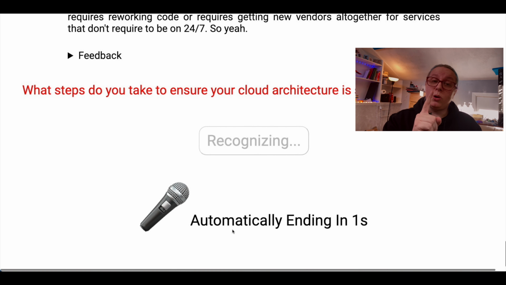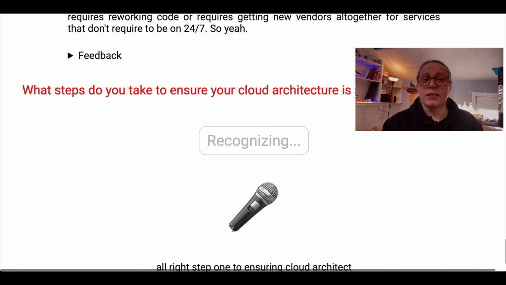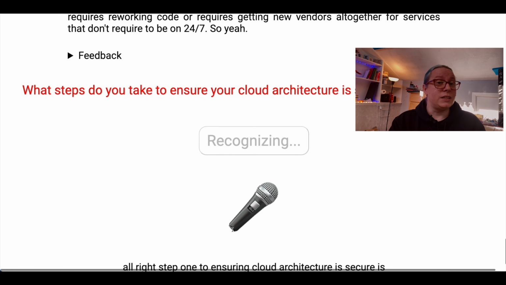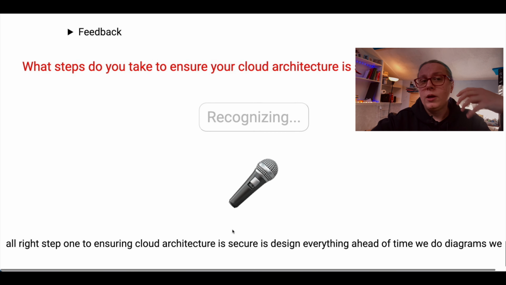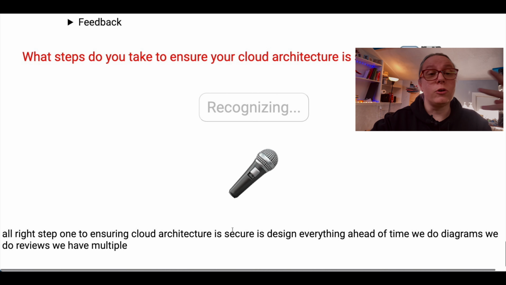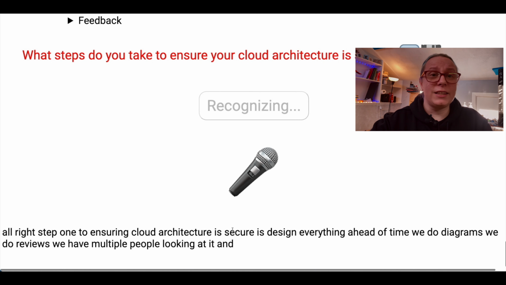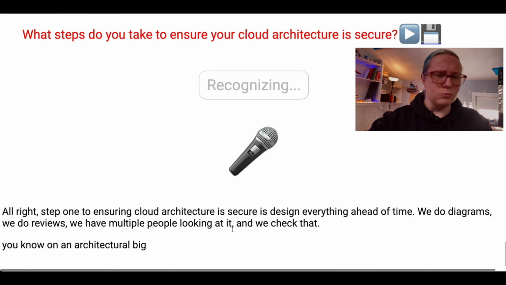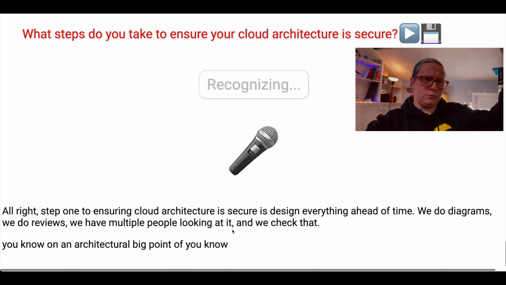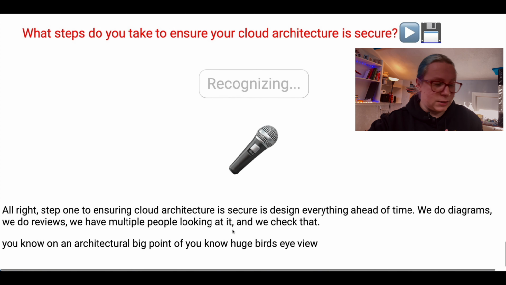All right. Step one to ensuring cloud architecture is secure is design everything ahead of time. We do diagrams, we do reviews, we have multiple people looking at it, and we check that, from a huge bird's eye view, it makes sense.